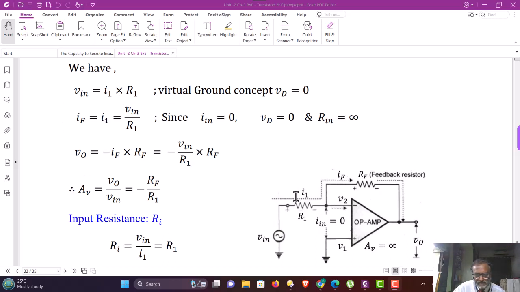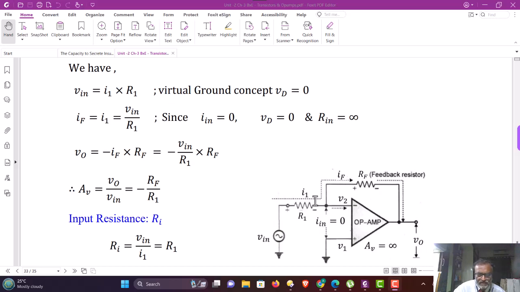Here, when this current comes to the terminal of the op-amp, since we know that the input impedance of the operational amplifier is infinity or very high, the current going through the input terminal of the op-amp is ideally zero.